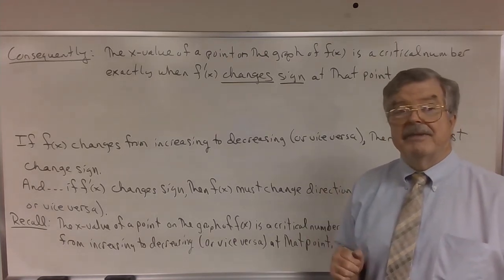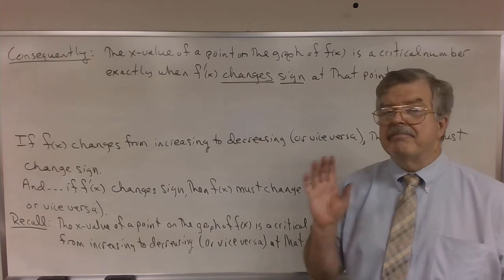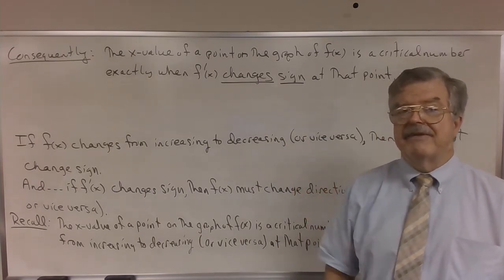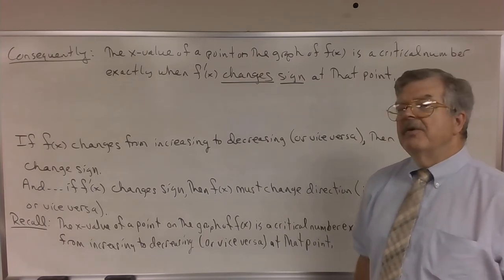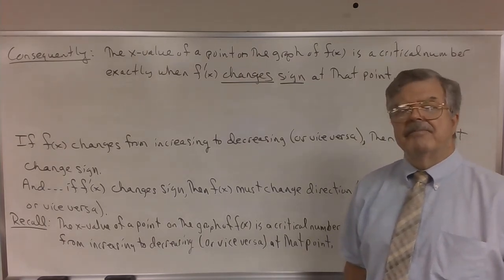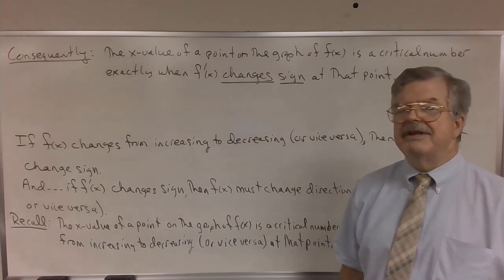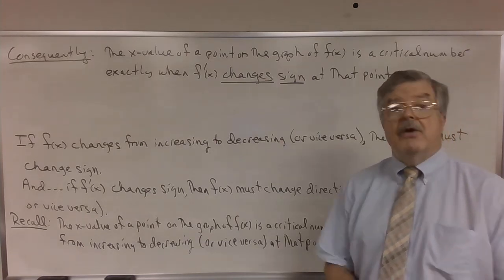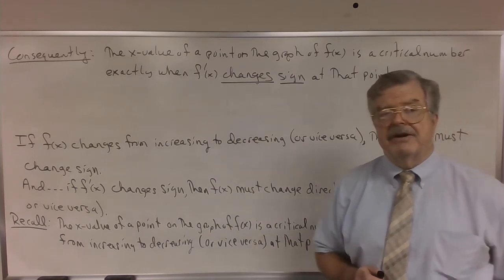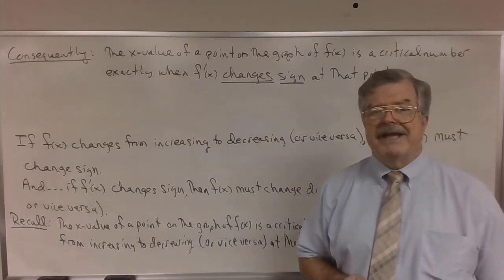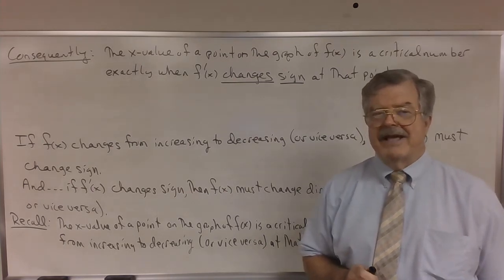But that also means that the derivative changes from positive to negative or negative to positive at that x value. So we associate a critical number with f of x changing from increasing to decreasing or vice versa. We also associate a critical number with the derivative changing sign at that x value.